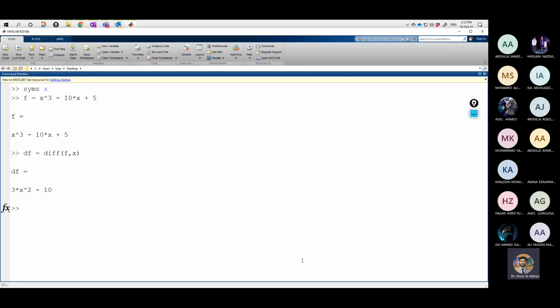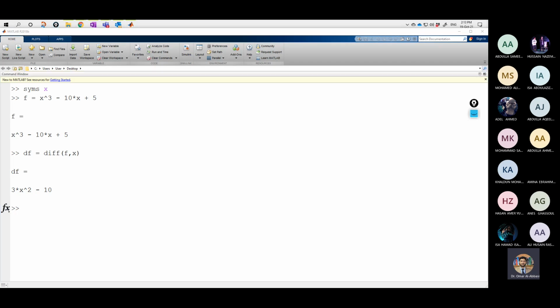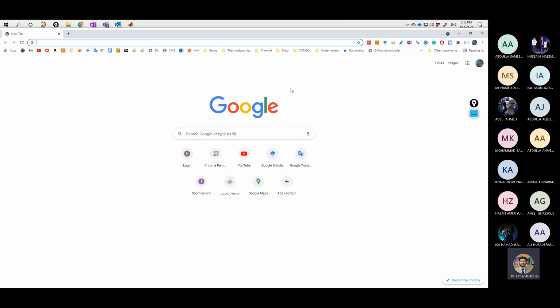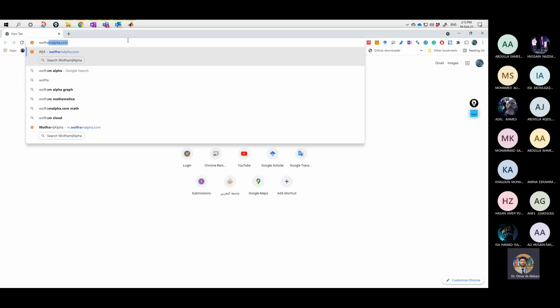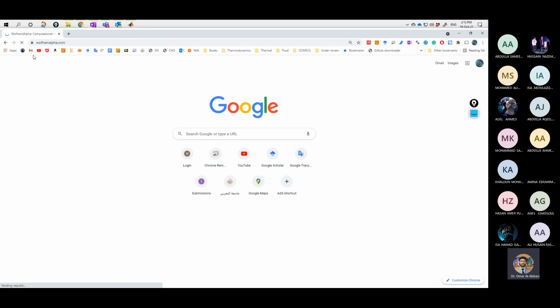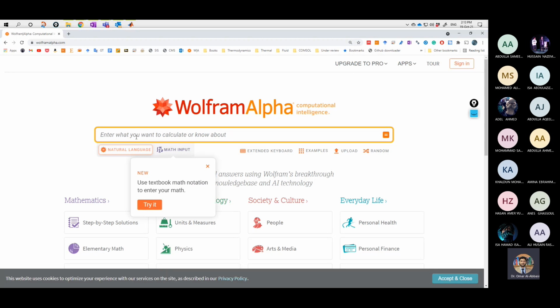In case the symbolic toolbox in MATLAB is not installed on your machine, then can we do something else? Yes. You can go to Wolfram Alpha, and those people are responsible for Mathematica, which you can think about as a competitor to MATLAB.